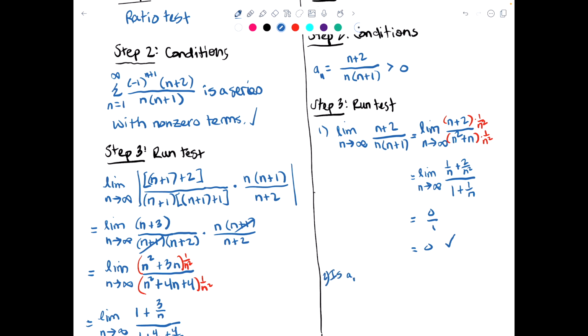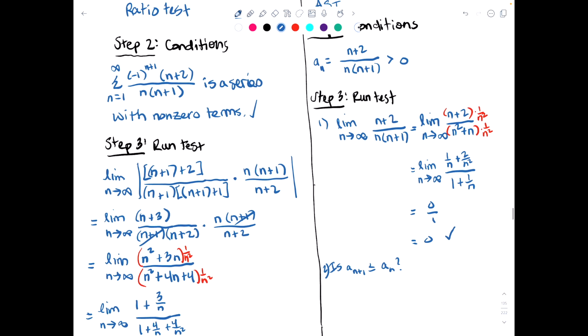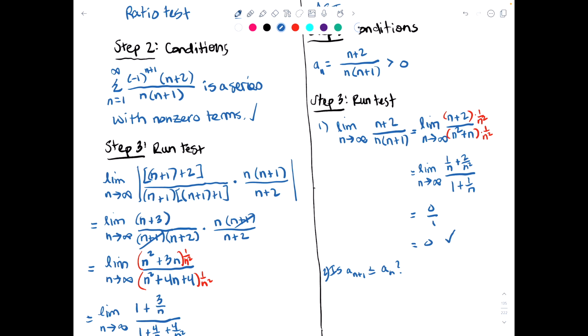And now we need to make sure that a sub n plus 1 is less than or equal to a sub n. So going term by term, a2 will be 4 over 2 times 3, so that would be 4 over 6.